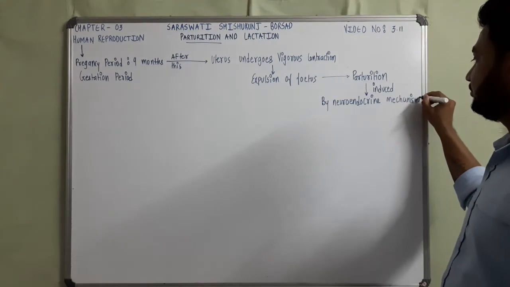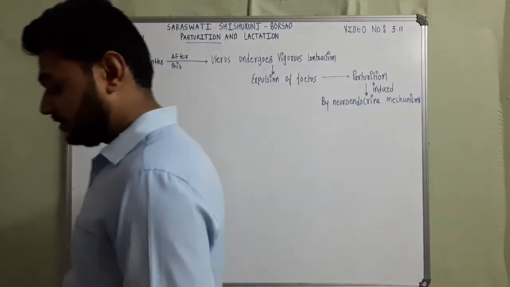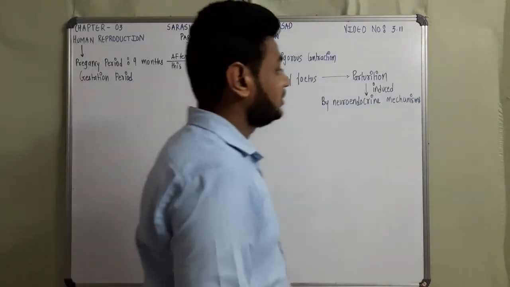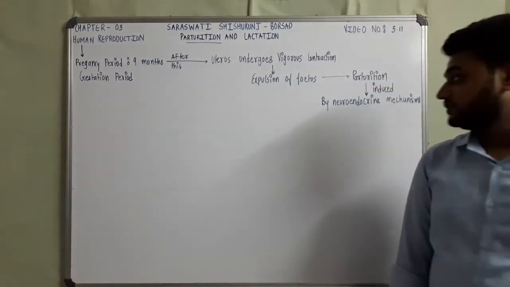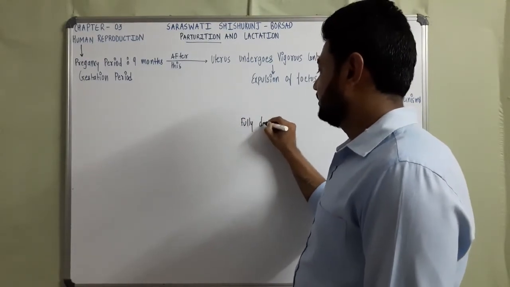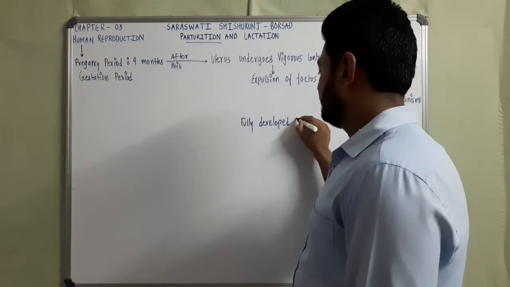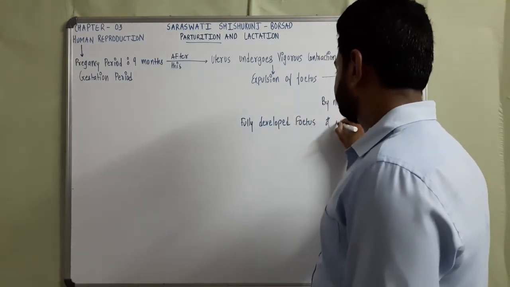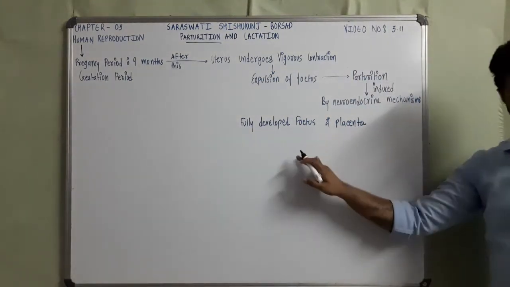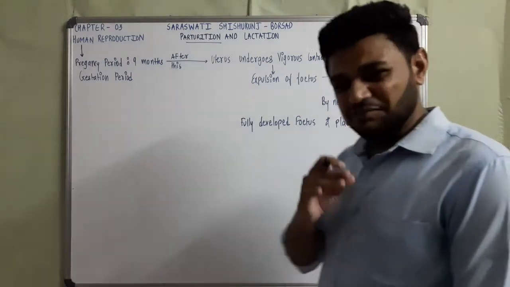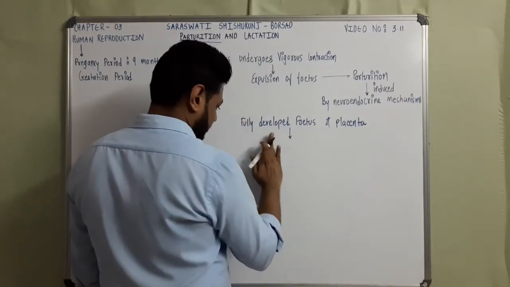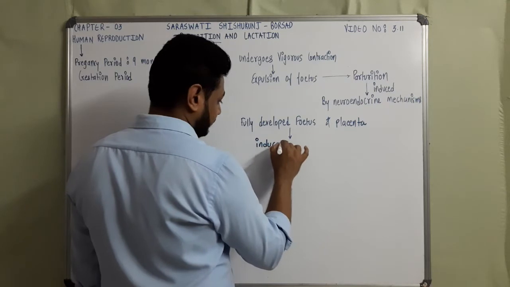When I talk about the nervous system and muscles, both types of mechanisms are essential for inducing parturition. This starts when the fully developed fetus and placenta induce mild uterine contractions.